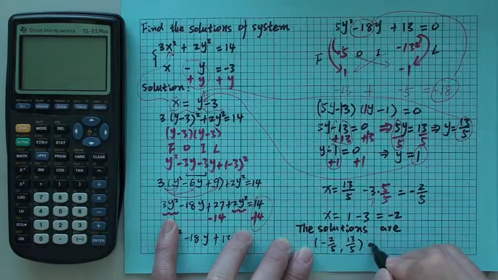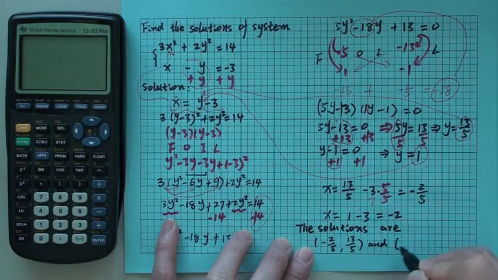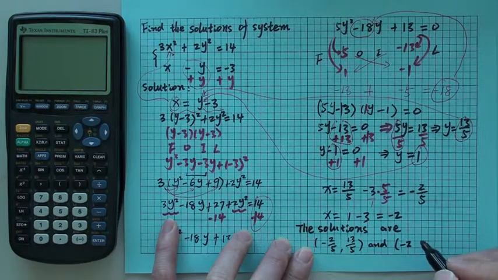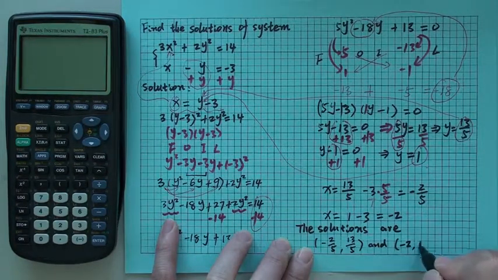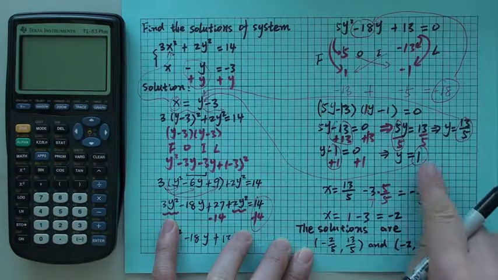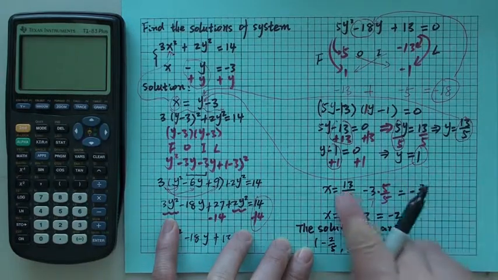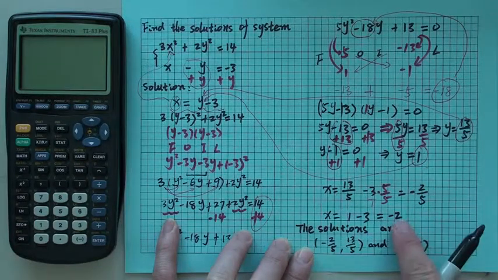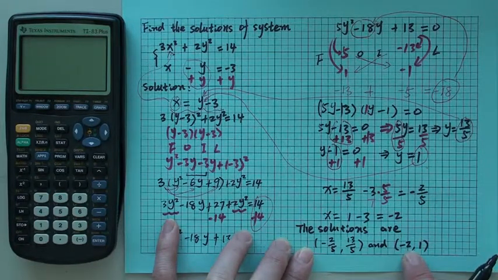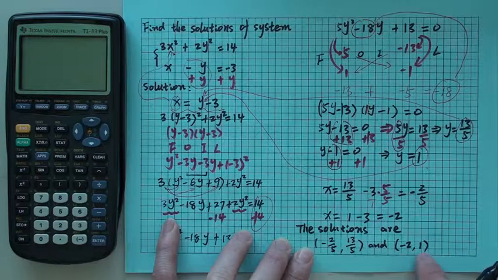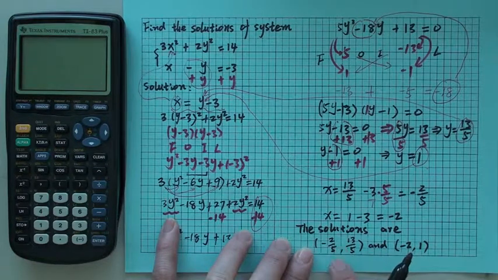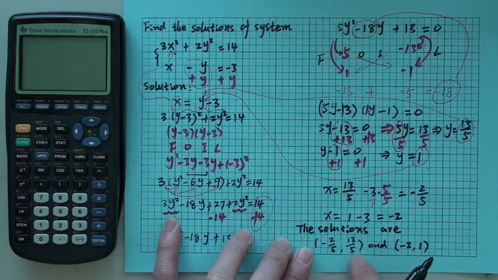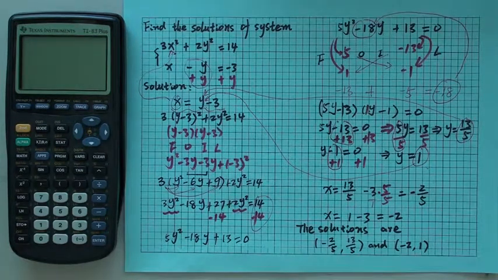Another one is x equals negative 2, and that's when y equals 1. So y is 1, x is negative 2. So you have negative 2, 1, and negative 2 over 5, 13 over 5. They are two pairs. Okay? So I'll see you next time.